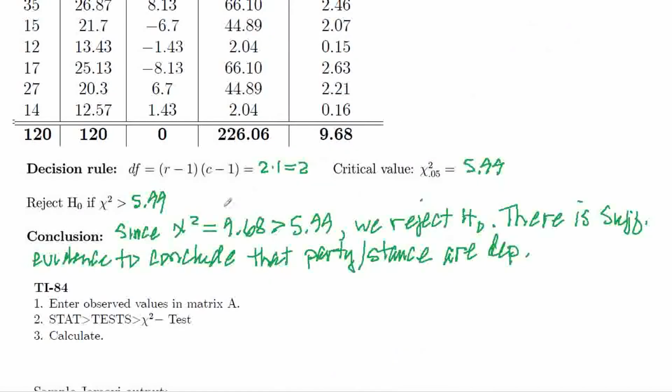So just note that P is 0.0079, which is less than 0.05, which was our alpha. So that is also implying that we reject H0.